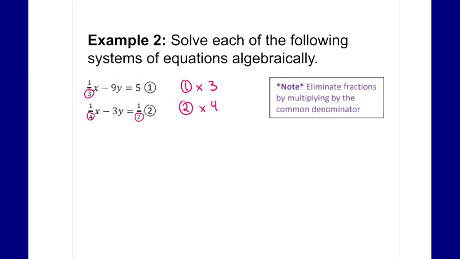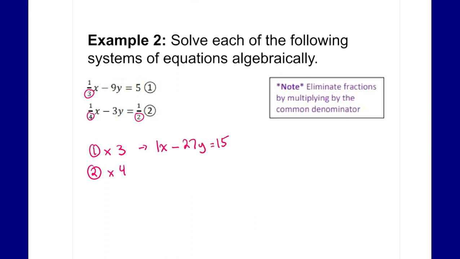So now we're going to go through and multiply each of those equations. So equation 1 becomes, this. So equation 1 becomes 1/3 times the third is just 1. So 1x minus 27y equals 15.